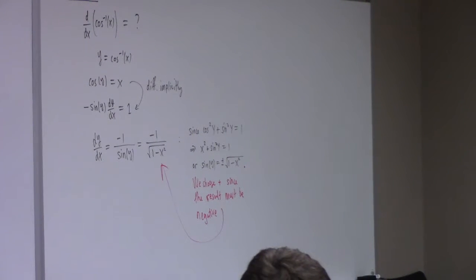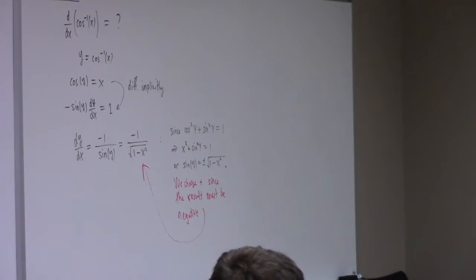I have minus 1 over a square root of stuff. That's negative, as it should be, because as we've talked about, cosine's decreasing. So the inverse cosine must also be decreasing on the domain of its definition. And that's it. I don't know what I did yesterday, but it wasn't necessary.